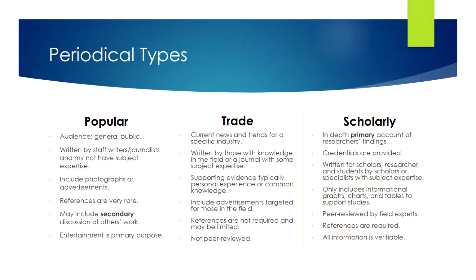They're written for scholars and researchers and students by those who have special subject area expertise. You're not going to see pretty colored pictures and advertisements. Instead, the only thing that you're going to see that's sort of pictorial, if you will, would be graphs and charts that support the research that's included in those articles.